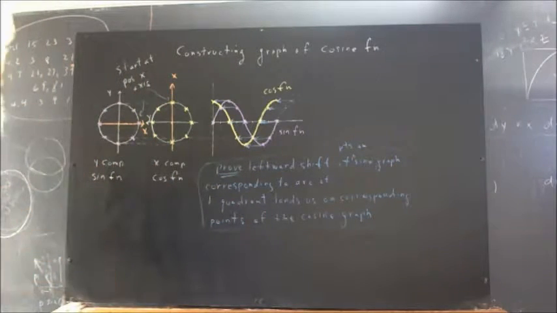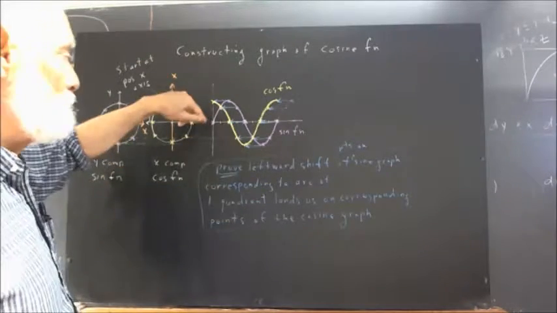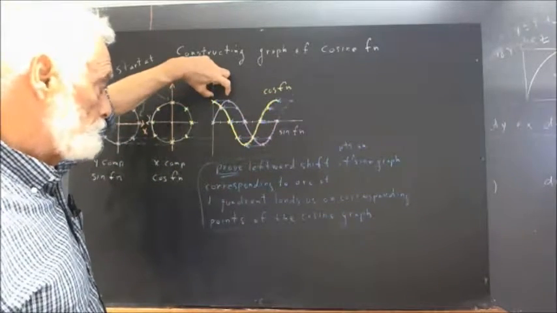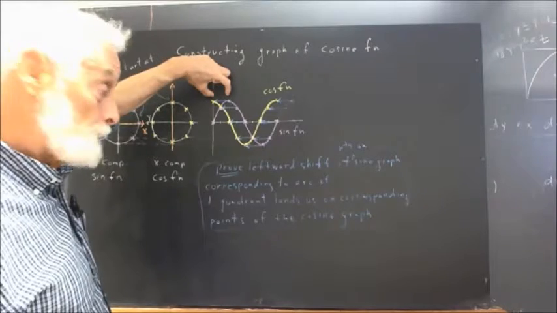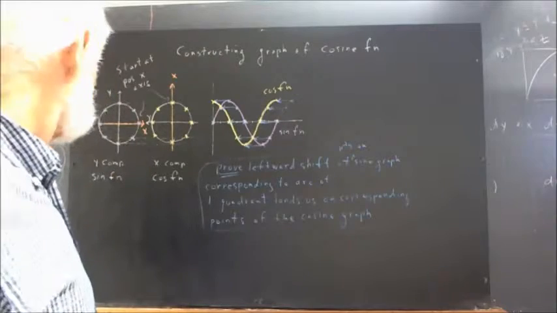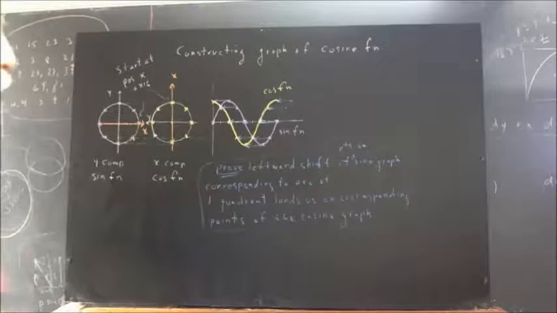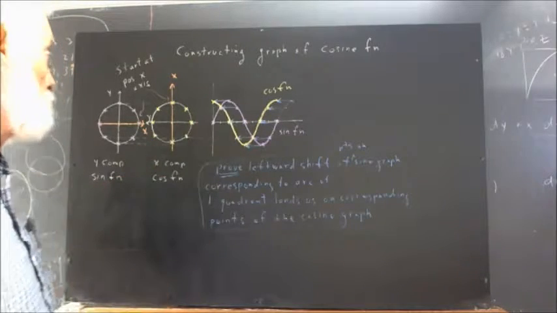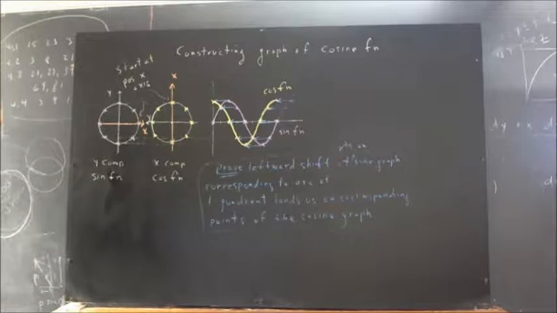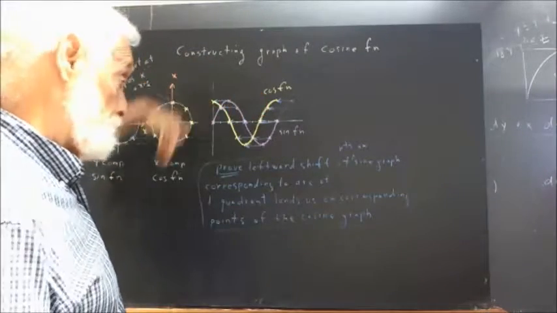And as a result, we can say that the closure of that dense set for the sine graph, when moved to the left a distance corresponding to one quadrant, is going to give us a dense set for the cosine graph. So this also gives us a way of constructing the cosine graph without having to go through this process. All we have to do is shift the sine graph 1/4 of a cycle to the left.